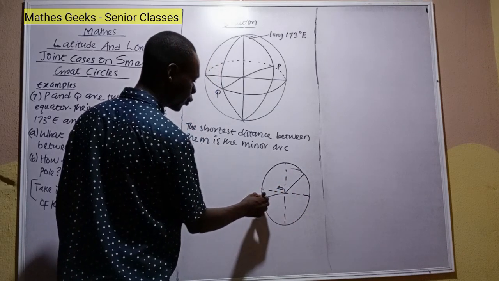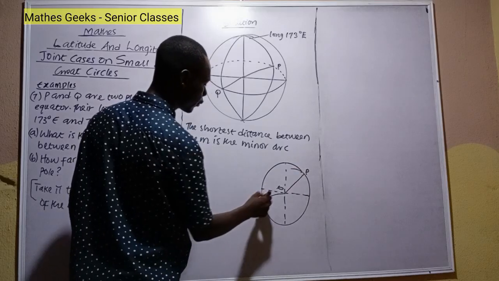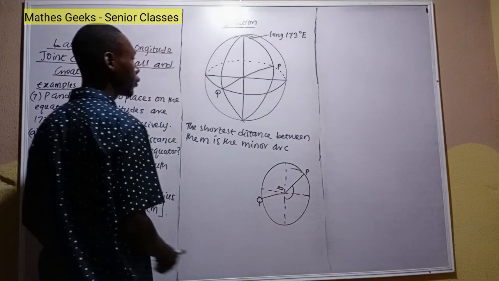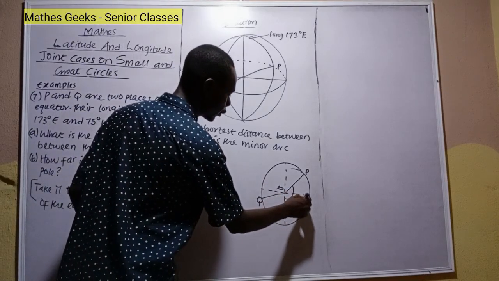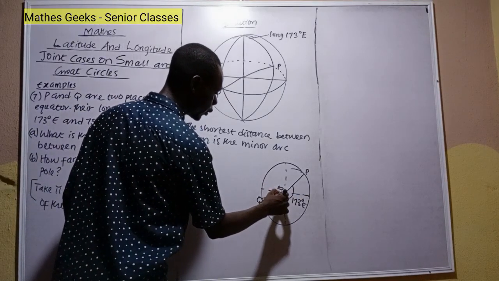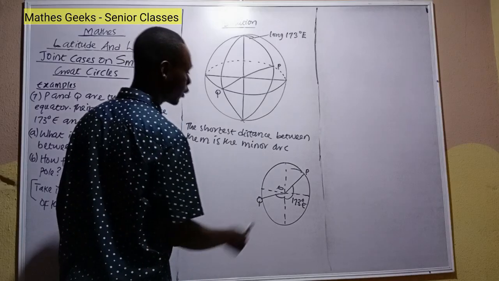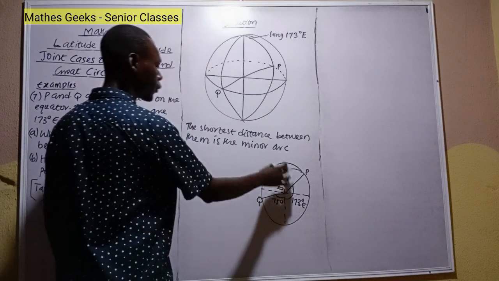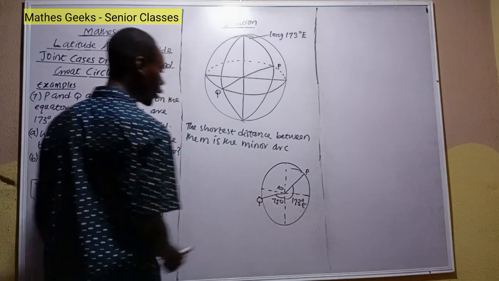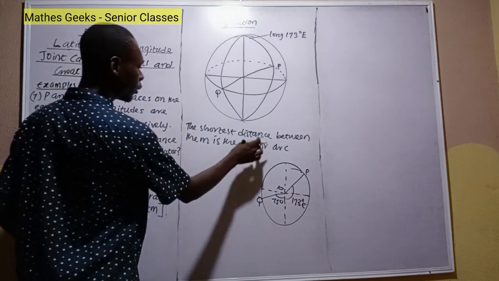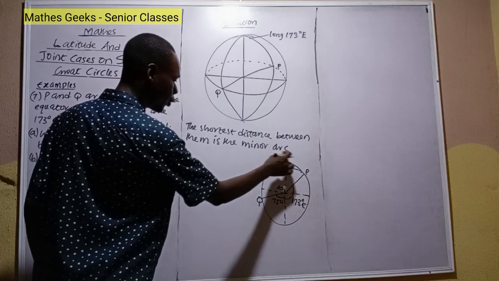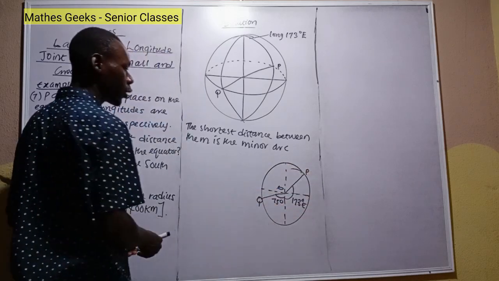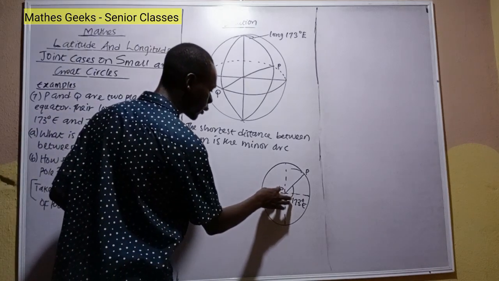Let's say this is Q. So all the way down to this point is longitude 173 degrees east, and from here to Q is 75 degrees west. So PQ, this part here, is a minor arc, and the other way from here to PQ is a major arc. We're going to use the minor arc instead.